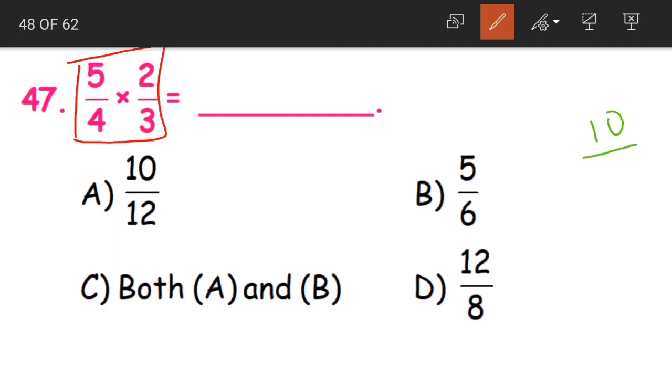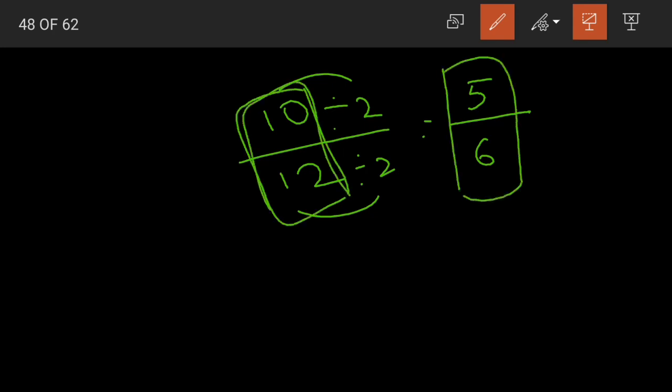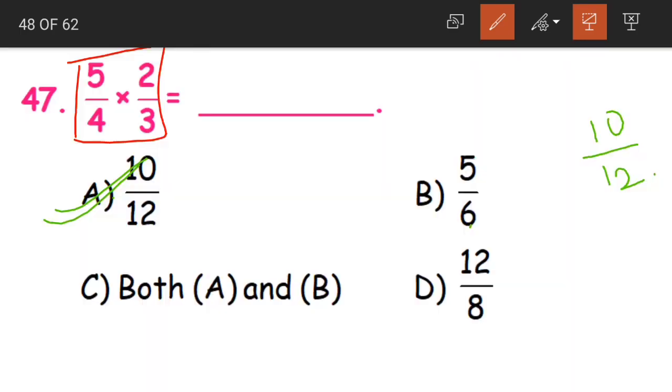So 10 by 12 is our answer, that is option A. And if you look at option B, children, 10 by 12, if we want to reduce it to the simplest form, we divide both the numerator and denominator by 2. 10 divided by 2 is 5, 12 divided by 2 is 6. So 10 by 12 is also equivalent to 5 by 6, that is option B.